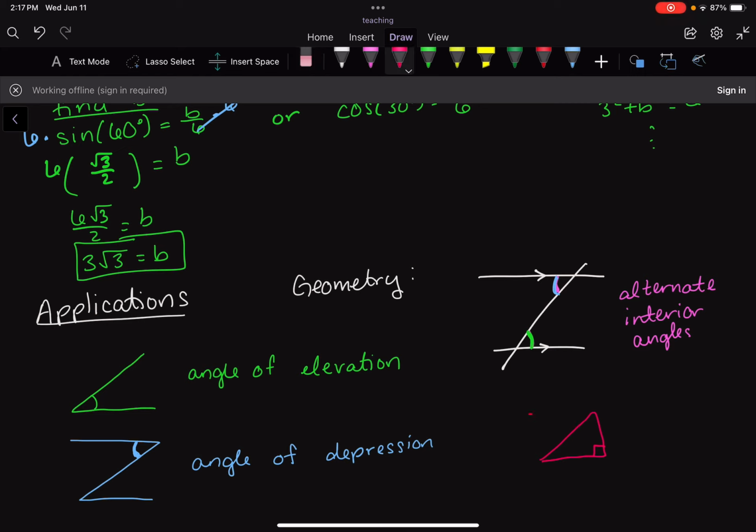The angle of depression would be here. And then something else to remember is that the angle of depression and the angle of elevation are equivalent to each other because of alternate interior angles. So they are equivalent angles, and they always need to be touching the horizontal when you draw them out.